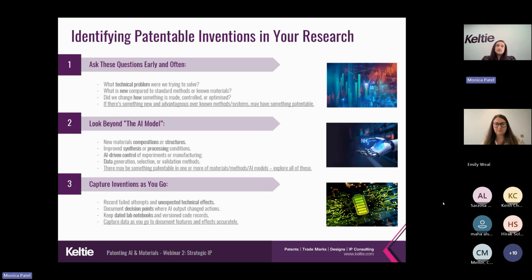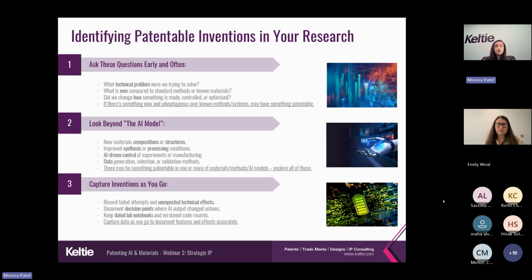One of the key questions is what technical problem we're trying to solve, because with patentable inventions, we're always trying to look for a technical problem that we're solving and providing a solution to that problem. And that will put you in a good place, when it comes to filing an application, framing it in that way is often quite beneficial in progressing the application. So what technical problem are we trying to solve?